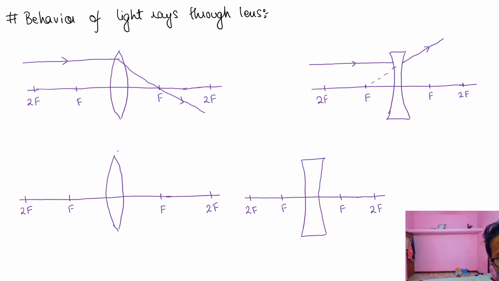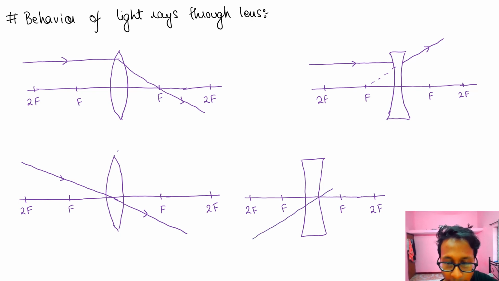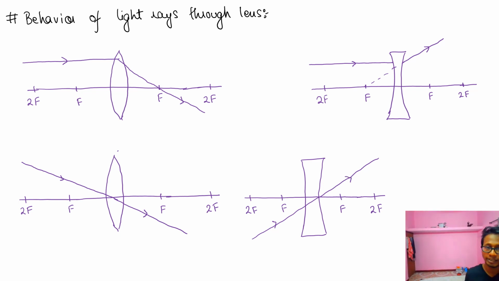Any ray that is passing through the pole will remain unaffected in case of thin lenses. That means up till now, whenever you're dealing with lens, we're always considering that the lens is very thin, and both the radii of curvature are more or less the same. So whenever anything passes through the pole, the ray remains undeviated.